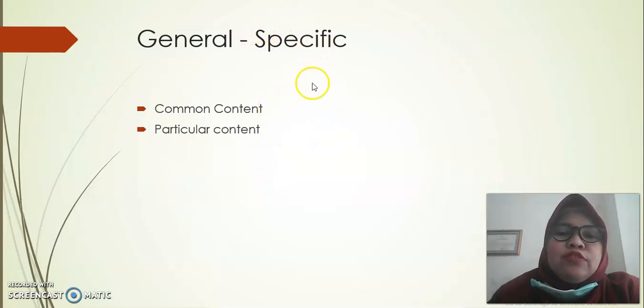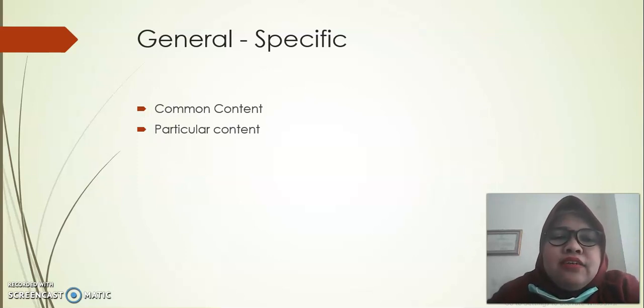In contrast, testing for specific purpose means that the test is made for the specific background of the participants or the testees. Usually it will influence the topic of the test materials.